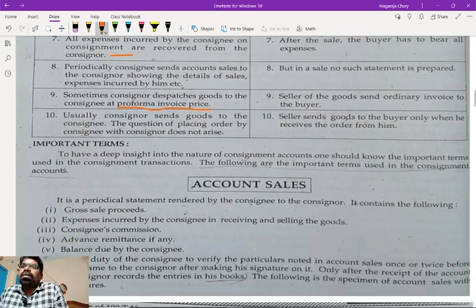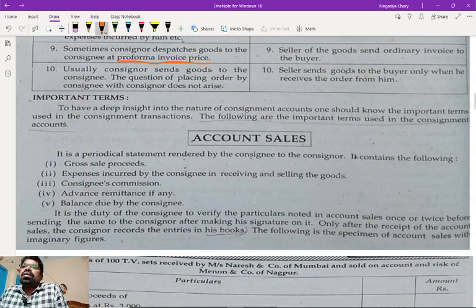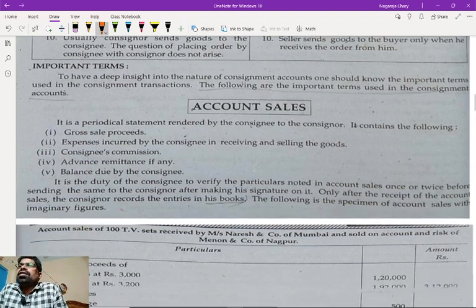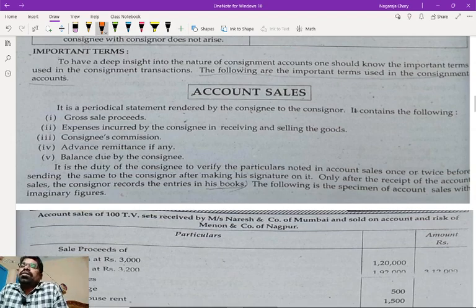Okay. Next, important terms. What are the important terms involved in the consignment process? Here, account sales. Account sales is a term used in the consignment process. What is it? It is a periodical statement rendered by the consignee to the consignor.